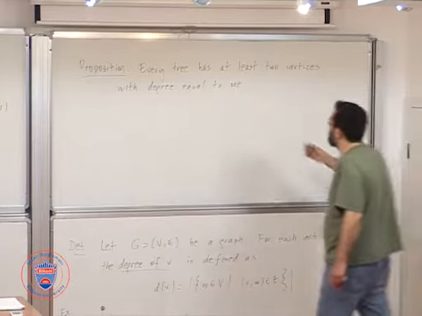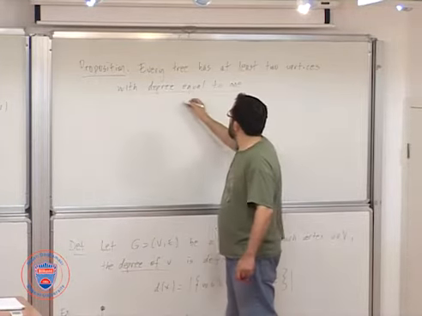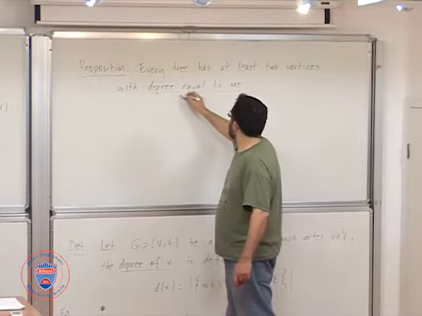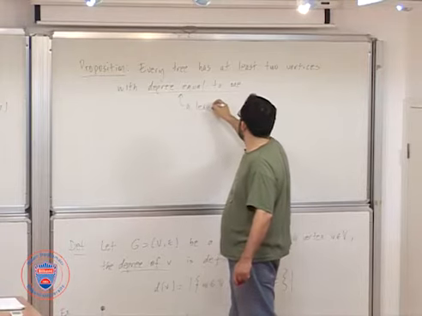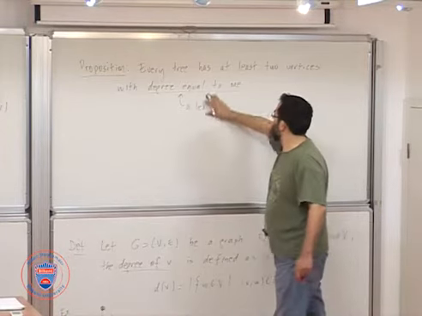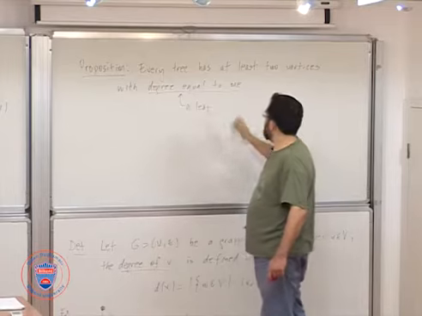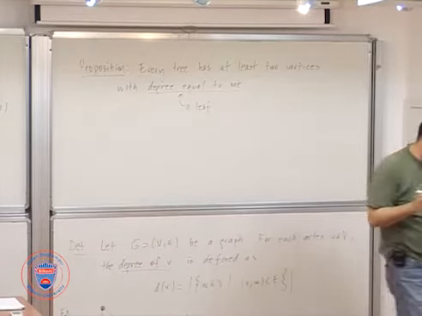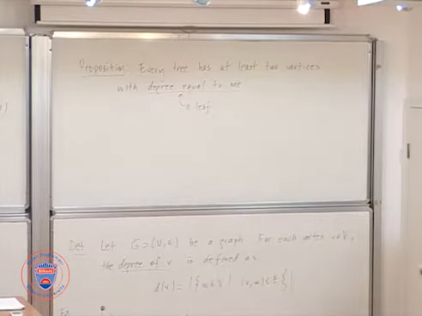A vertex with degree equal to 1 is called a leaf. So basically it says every tree has at least 2 leaves.